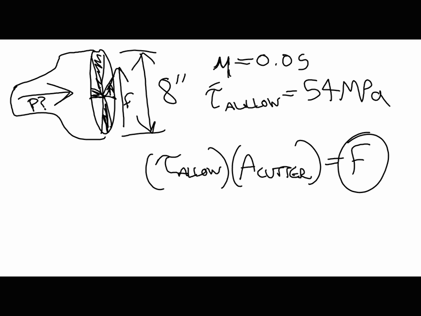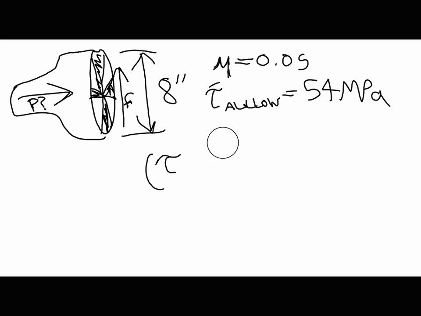Because friction is a force that is by definition parallel to surfaces that are in contact with one another. It's generated by normal force and all of that. So I can use that to translate this shearing force into some sort of axial force that's pushing the drill bit along.